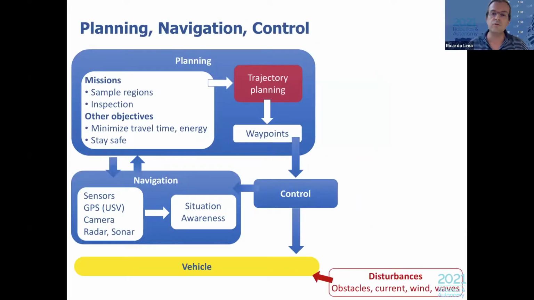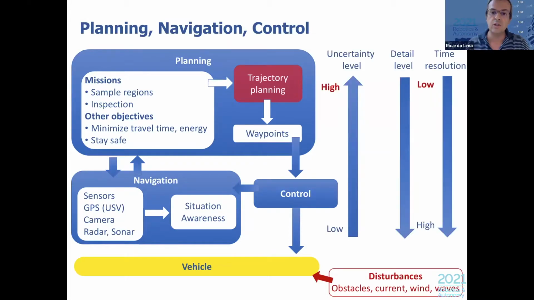So at the level of trajectory planning, what we are concerned with is finding a trajectory, and this trajectory involves a path and the timing of the waypoints across this path. So in our trajectory planning models, we have a high uncertainty level, a very low level of detail regarding the characteristics of the vehicle, and low time resolution, meaning that we have a time resolution sometimes of 1 hour, 2 hours.